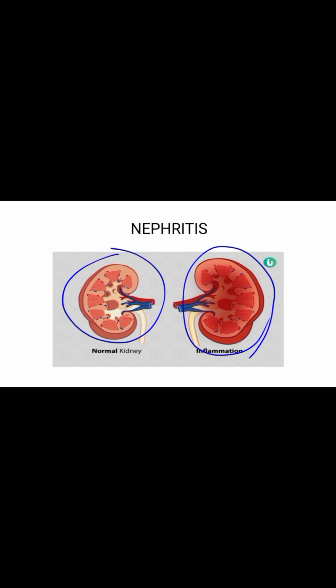It will not be able to remove substances that the kidney should remove. This disease could be acute or chronic, and the symptoms include headache, fever, pain, vomiting, and so on. It could also include swelling of some parts of the body. So that is for nephritis.